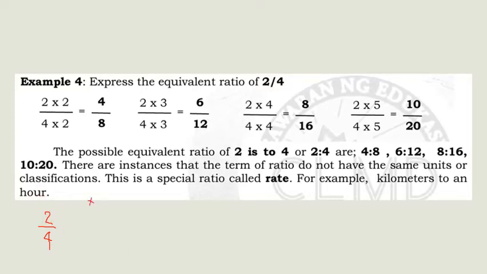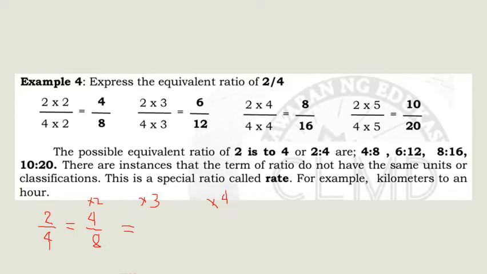So, pwedeng times 2 muna, yung pinakamaliit, times 3, times 4, para malaman natin yung mga equivalent ratio niya. So, parang yan yung equivalent fraction nung nag-discuss pa tayo sa fraction. So, 2 times 2 is 4. Then, 4 times 2 is 8. So, ibig sabihin, ang equivalent ratio ng 2:4 is 4:8.